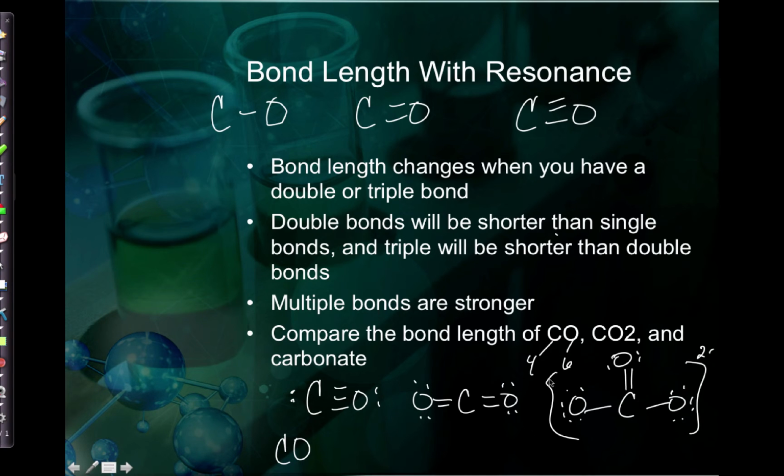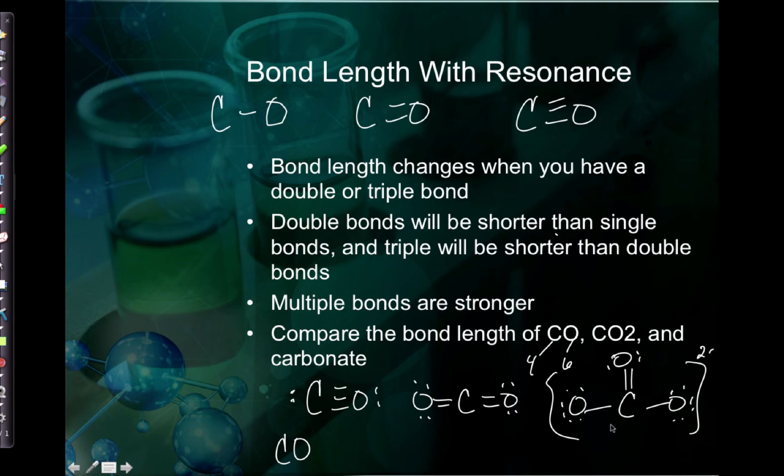So it's not going to be a different length here and a different length here. They're all the same length because the electrons can move around, and because of that, it's going to be shorter than a single bond but longer than a regular double bond. It's a weird thing when the electrons can easily be here or here.